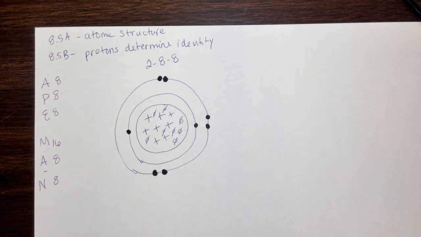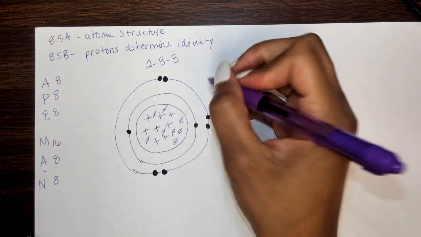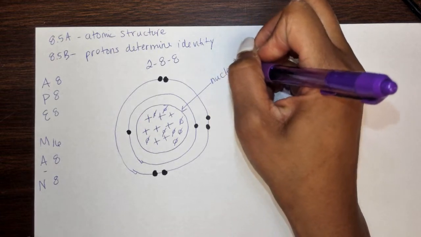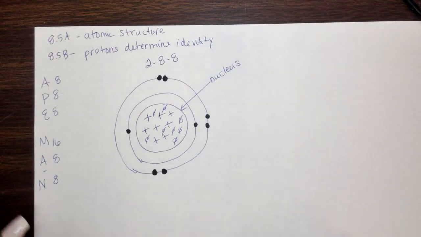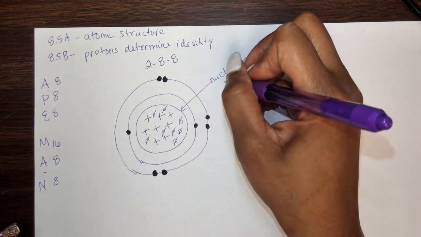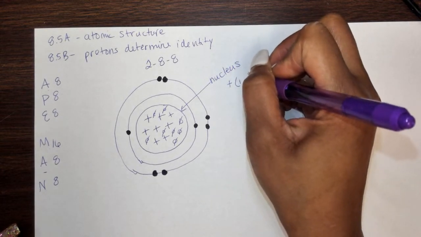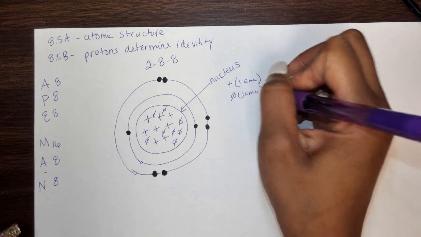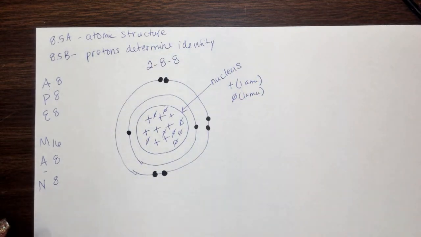Alright, so here is my nucleus. Nucleus has protons and neutrons. Protons have a mass, so I'm just going to put positive, of 1 AMU. And neutrons also have a mass of 1 AMU. AMU again stands for atomic mass unit.